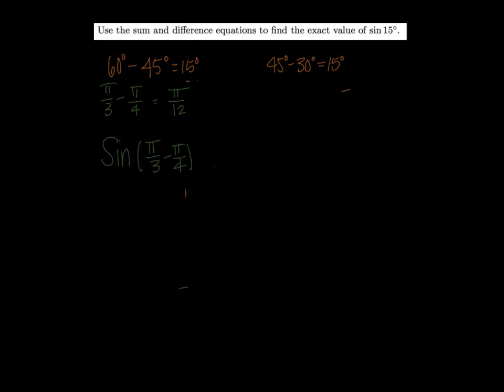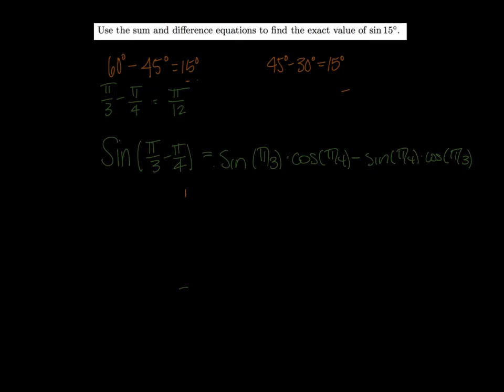So this means that we're actually going to solve the problem of finding the sine of the difference between pi over 3 and pi over 4. So remember that we're then going to do the sine of pi over 3 times the cosine of pi over 4. That symbol is going to stay the same, minus the sine of pi over 4 times the cosine of pi over 3.